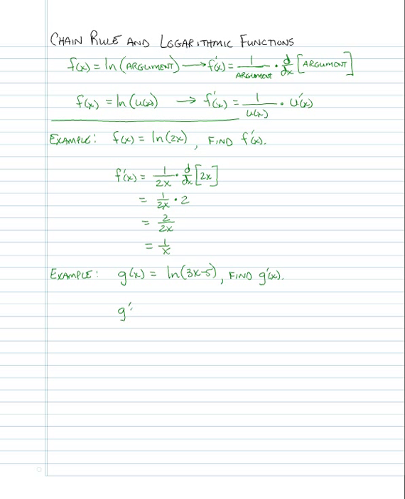It's pretty easy really. g prime of x is 1 over the argument. The argument is 3x minus 5. Then don't forget to multiply with the derivative of the argument, the derivative of 3x minus 5. Well, that's not going to be difficult because the derivative of 3x minus 5 is nothing more than 3, isn't it? So that's just a 3 that we're multiplying with. And of course, that would give us 3 over 3x minus 5 when we multiply those together.